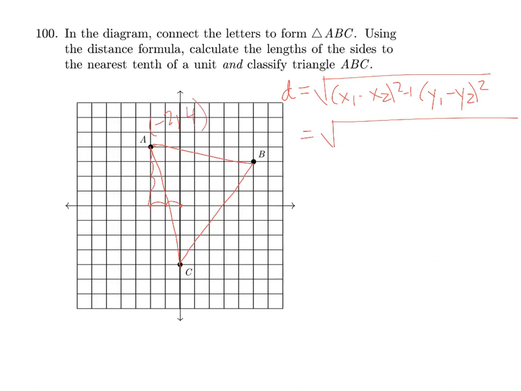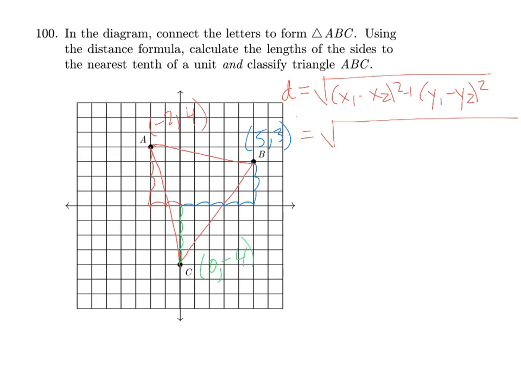For B, I'm gonna go right 5. I'm gonna go up 3. And for C, I'm gonna go left or right 0. I'm gonna go down 4. Okay.